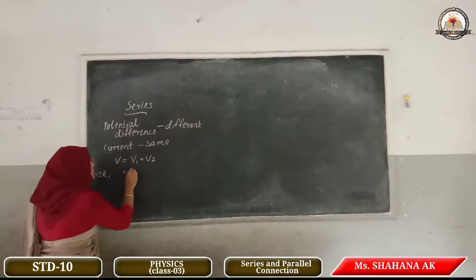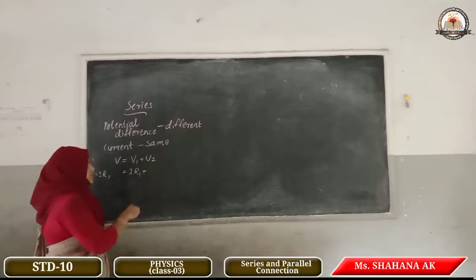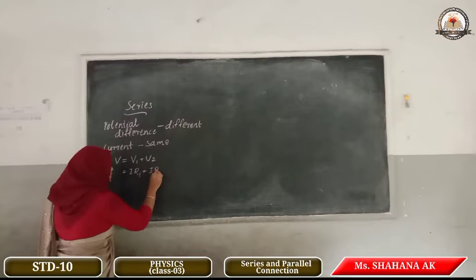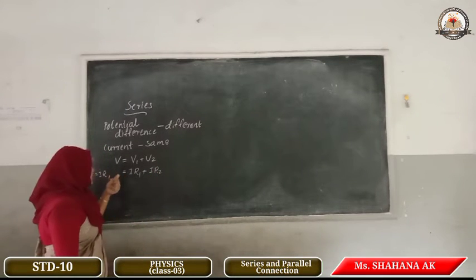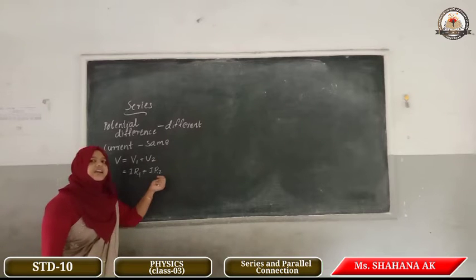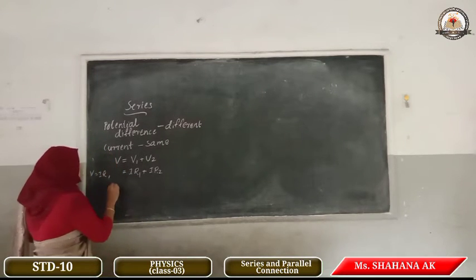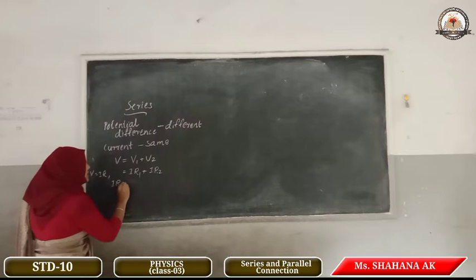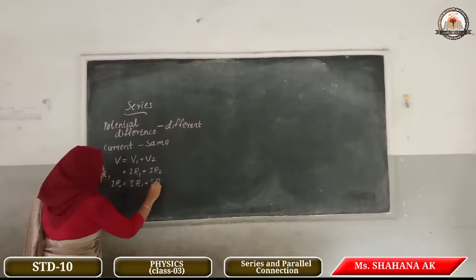So V1 is equal to IR1 and V2 is equal to IR2. So the total potential difference through the circuit is IR1 plus IR2. Here V is equal to IR, that is equal to IR1 plus IR2.